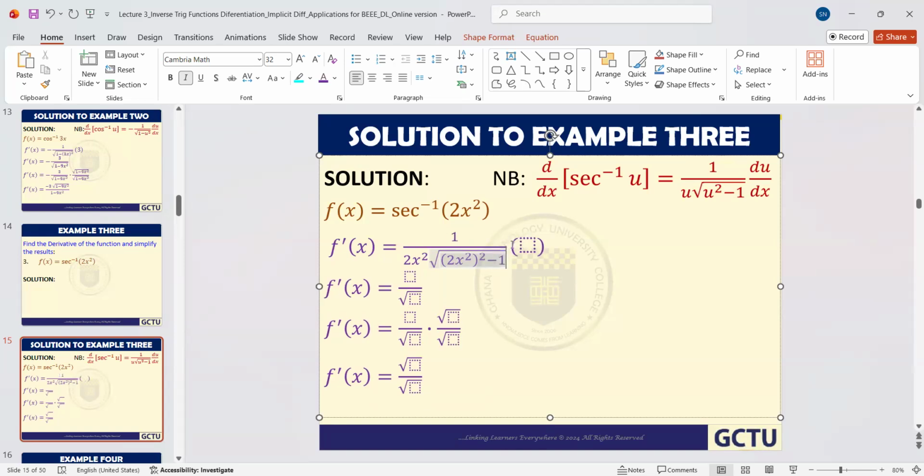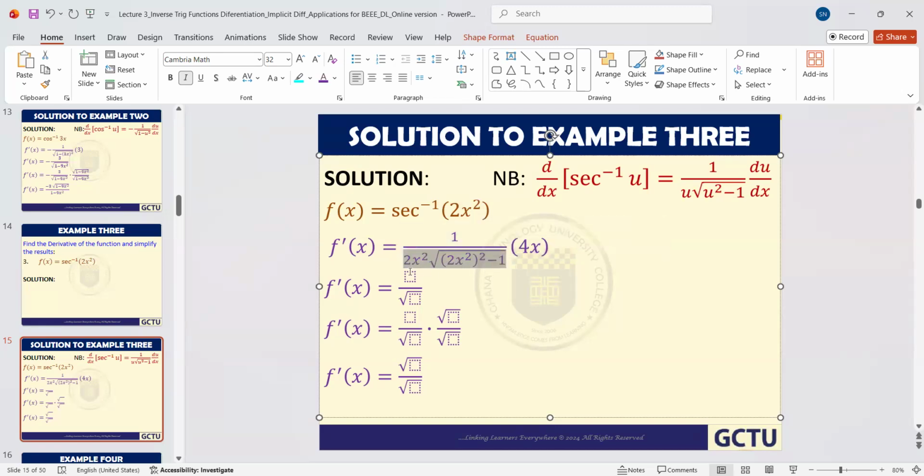Okay, and then when you differentiate the function itself, we are going to get 4x. 4x minus 2 minus 1 will give you 1. Okay, so that is the denominator.